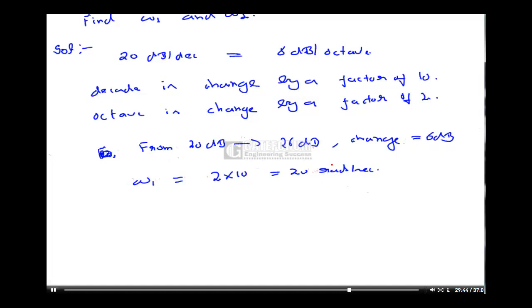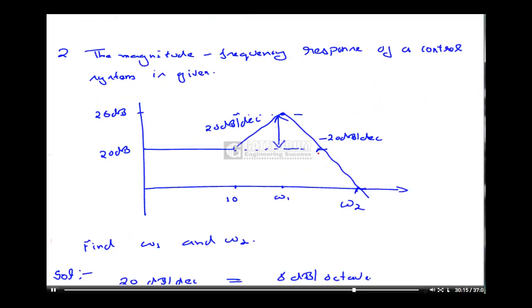Now after reaching 26 dB, it comes down to 0 dB. Coming down from 26 to 0 dB, there is a change of 26 dB. So omega 1 and omega 2 will be related by something. Let's suppose in between there is some frequency omega 2 dash.